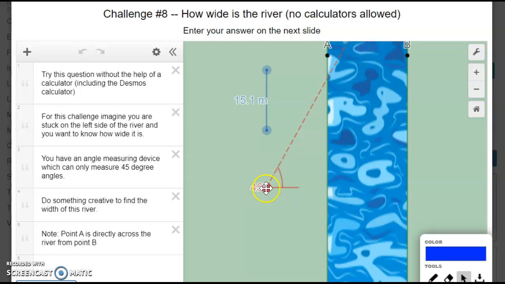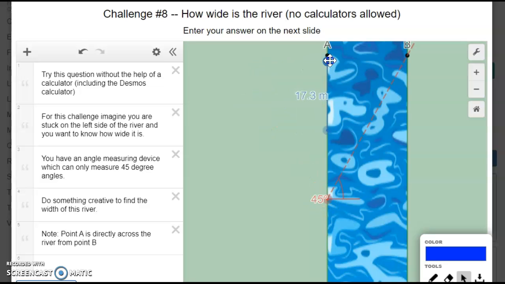What could I do? Well, I can move this around. If I put this at an edge like that, and it's measuring 45 degrees, that does not look like 45 degrees to me.